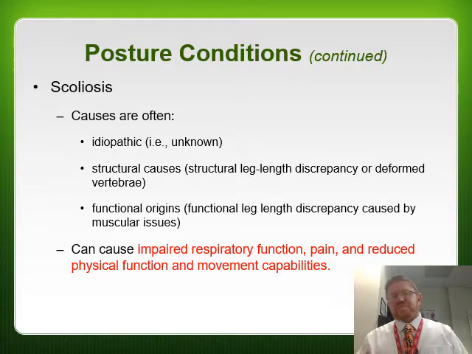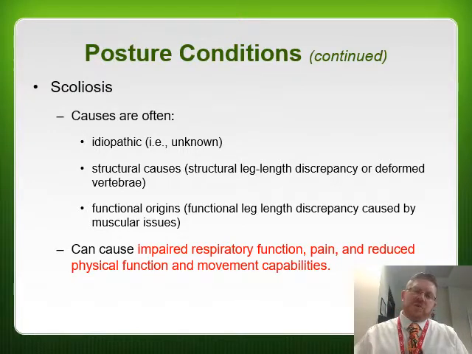Scoliosis, what causes it? Sometimes it's unknown. It might have structural causes, like a structural leg length discrepancy, something that you were born with, or deformations in your vertebrae in the spine. These are just part of how you were built, how you were designed.